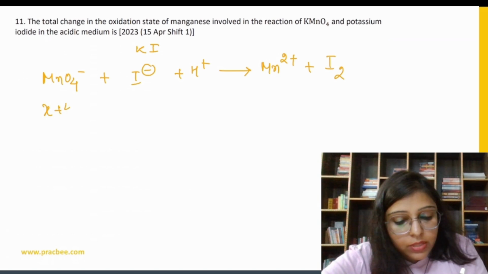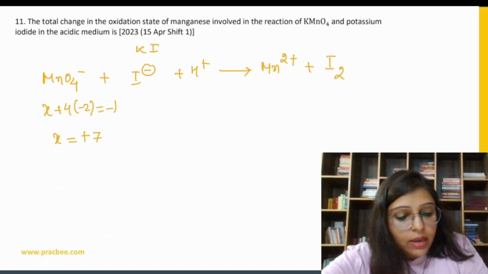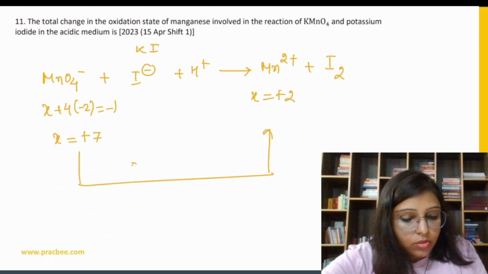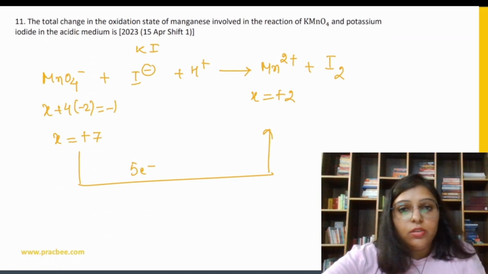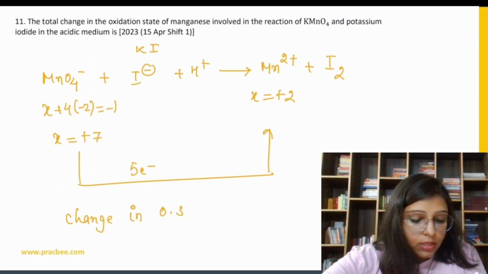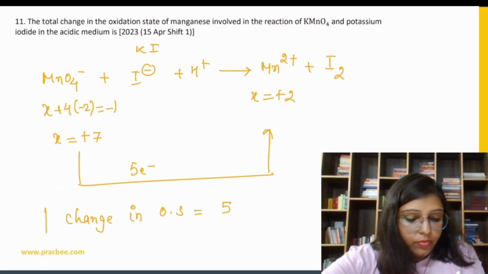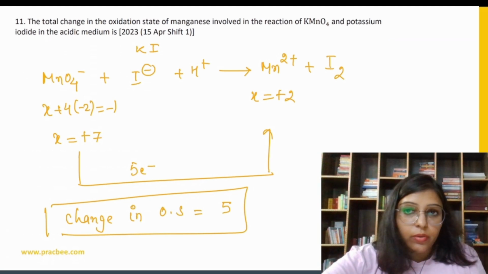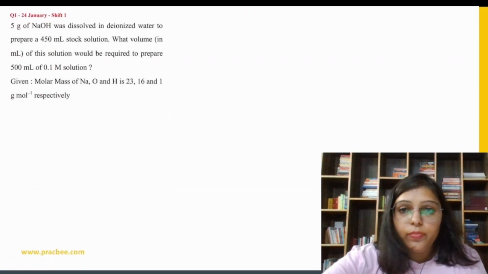So here x plus 4 times -2 is equal to -1, the value of x is +7 and here the value of x is +2. So the change is of 5 electrons and the change in oxidation state is also 5. That's it. Okay, let's do the next question.